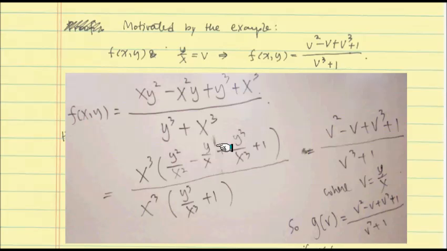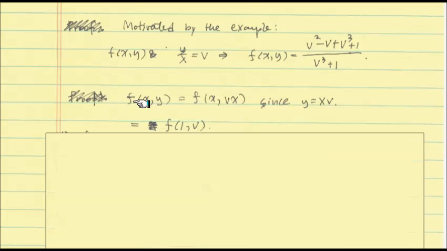So how are we going to do the next part? Here's a reasonable approach. We have this f of x, y, and this is what we want. We're going to turn this into only in terms of v. So first, if you write y as x times v, you can easily turn that y into something in terms of v. So we're introducing v here. So the goal is, how do we get rid of x? And here's the magic: this is a homogeneous function.